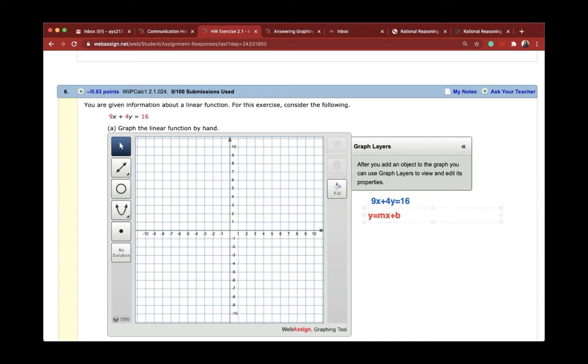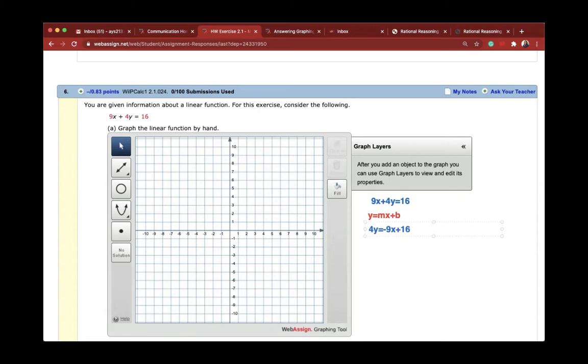So let's do that. I'm going to change the color back to blue. First things first, on your paper, you're going to move over the 9x. So we're left with 4y equals negative 9x plus 16.